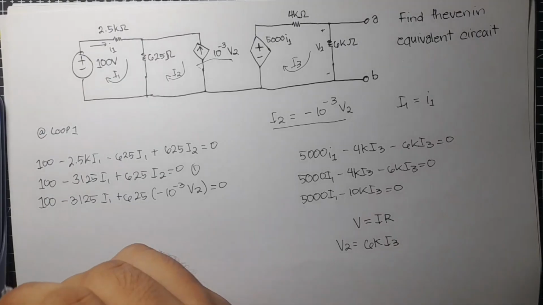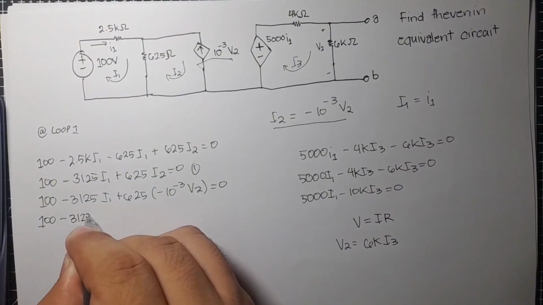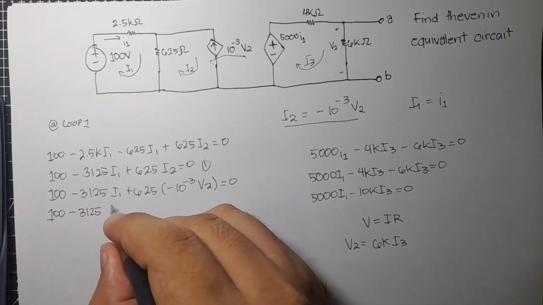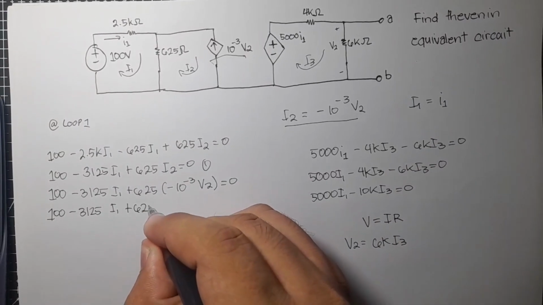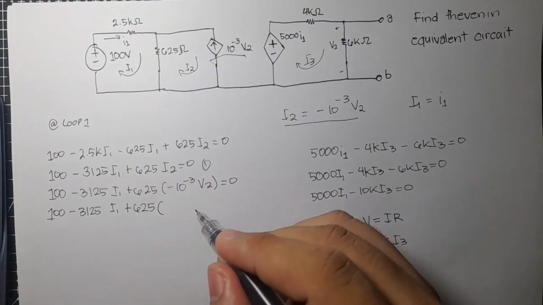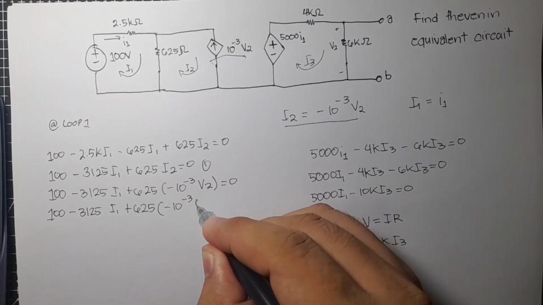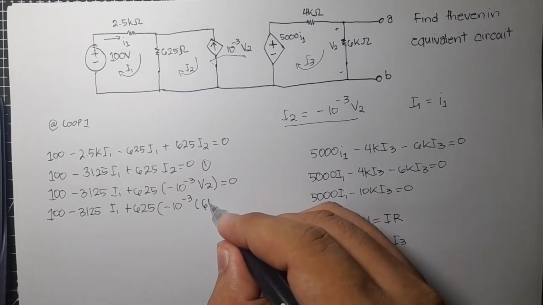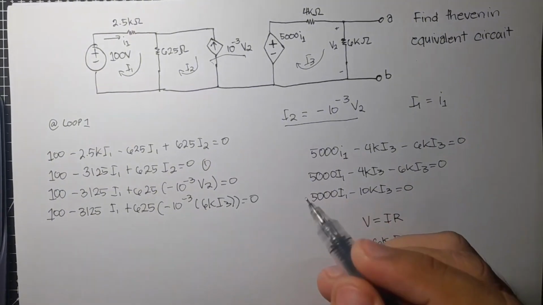And let's substitute. 100 minus 3125 I1 plus 625 times negative 10 raised to negative 3 V2, which is 6000 I3, equal to 0.